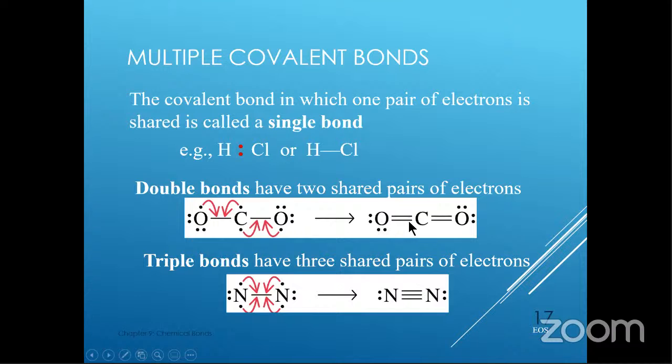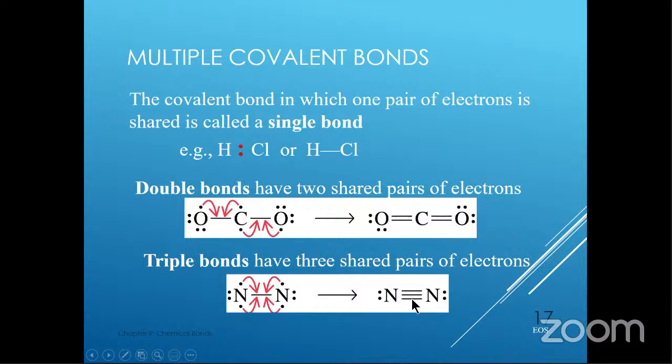So each line represents a bond, which is a pair of electrons. So if you have two lines here, that represents two pairs of electrons, and we call this a double bond, and we have a double bond here, all right? The bond that is formed here between the hydrogen and chlorine is just one pair of electrons, so we call that a single bond. So we have a single bond here, we have a double bond here, and we can even have a triple bond, such as in the case of nitrogen.